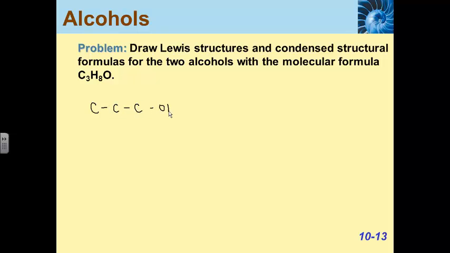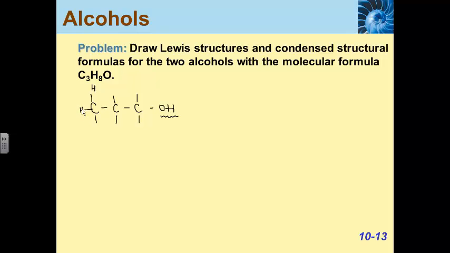And if I do so, I can create what's called a primary alcohol. Of course, every carbon then needs to fill out its octet with the attached hydrogens. Remember, one of the hydrogens must attach to the oxygen to create the hydroxyl functional group. It must be an alcohol with an OH attachment.